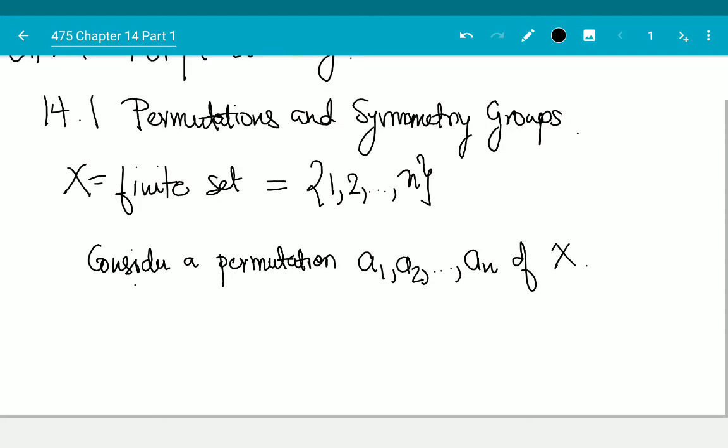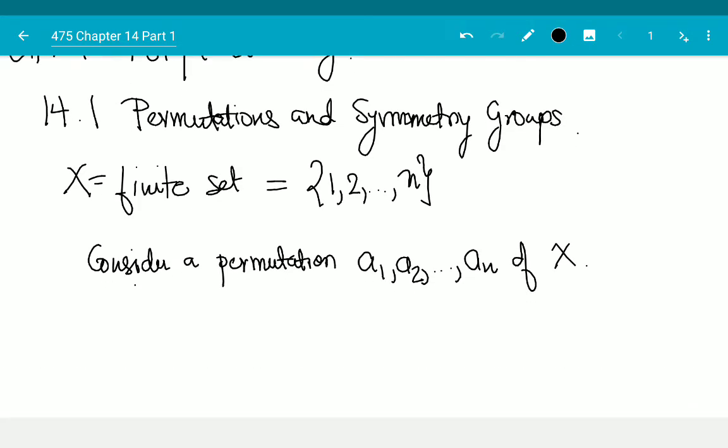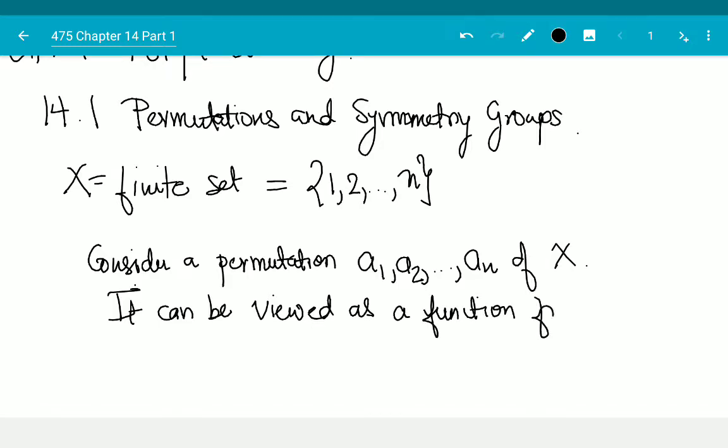Then it can be viewed as a function f from x to x.